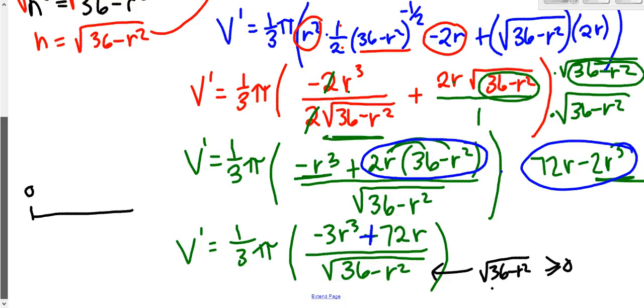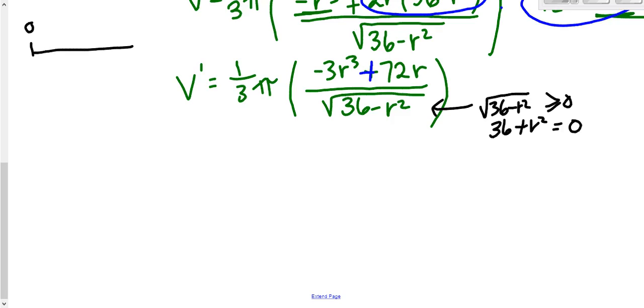So if we take 36 minus r squared equal to 0, that's my equation, so let's fix that. Add r squared, so we have r squared equals 36. R is plus or minus 6.